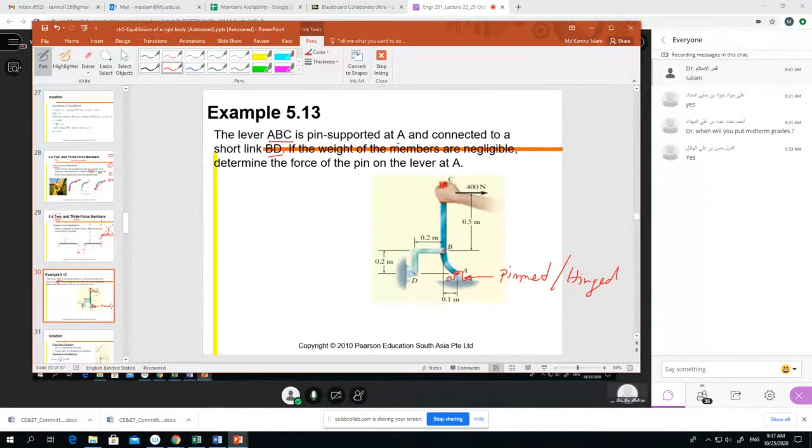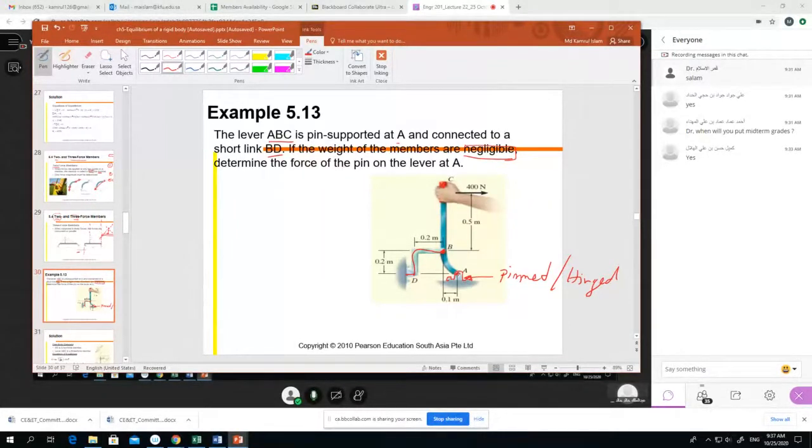One link connected to short link BD. Here is a pin, here also a pin, and B also a pin, so D also a pin actually. The weight of the members is negligible, that means we neglect the member weight, since it is not given. Determine the force of the pin on lever A.